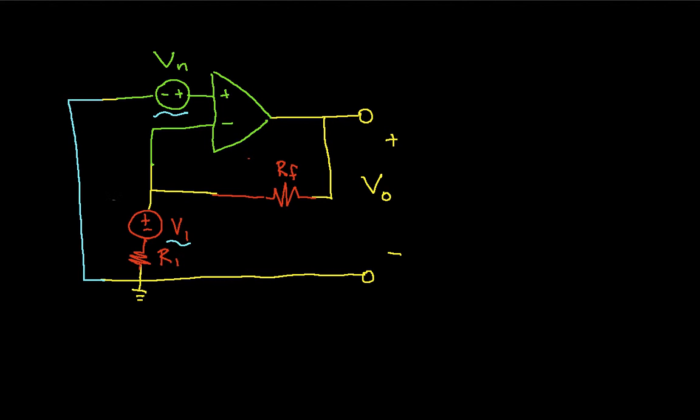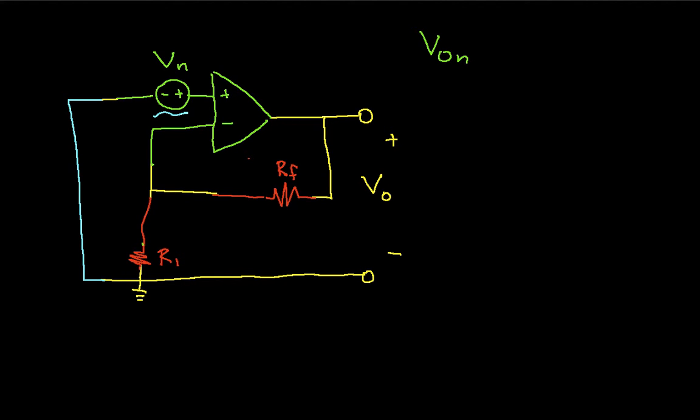And we will take this noise source and set it equal to 0, which is also a short circuit. And now we want to find the output voltage due to the noise at the non-inverting input of the op-amp. So I'll call this, say, V out sub n.